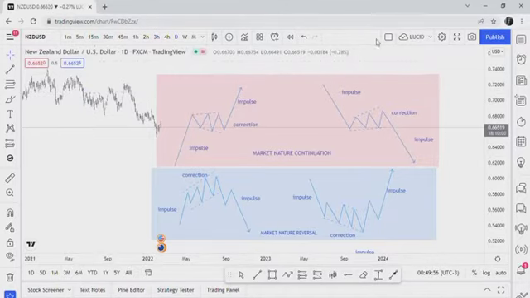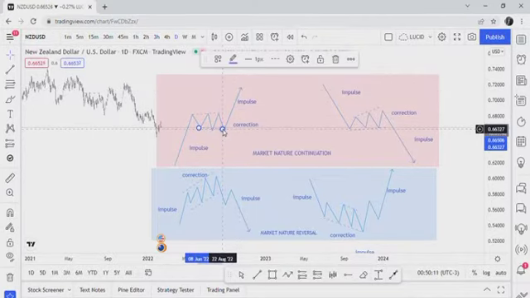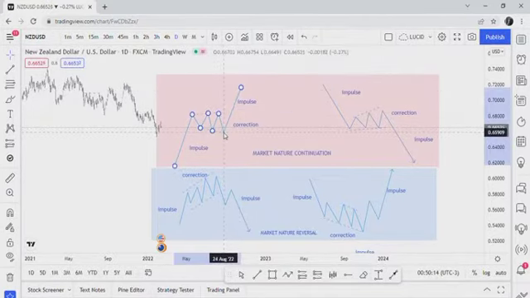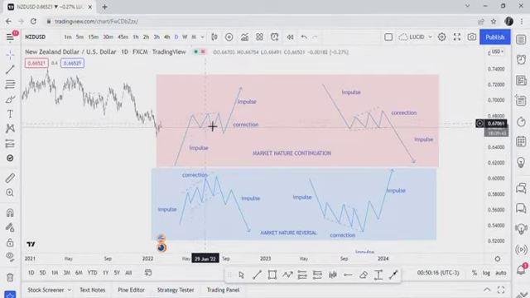We have the impulsive phase, which is its first leg. We have this corrective phase, which comes as a pattern, and then we have another impulse as a continuation. Once you get this impulse correction, then you should expect a continuation, right?